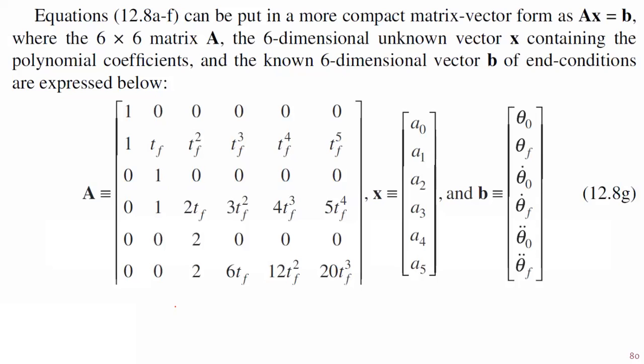A is equal to 1 0 0 0 0 0, 1 tf tf square tf cube tf raised to 4 tf raised to 5, 0 1 0 0 0 0, 0 1 2tf 3tf square 4tf cube 5tf raised to 4, 0 0 2 0 0 0, 0 0 2 6tf 12tf square 20tf cube.